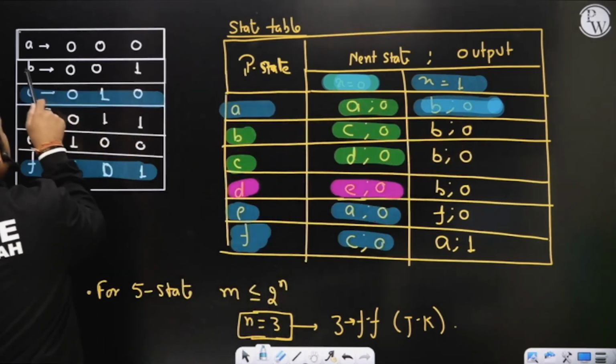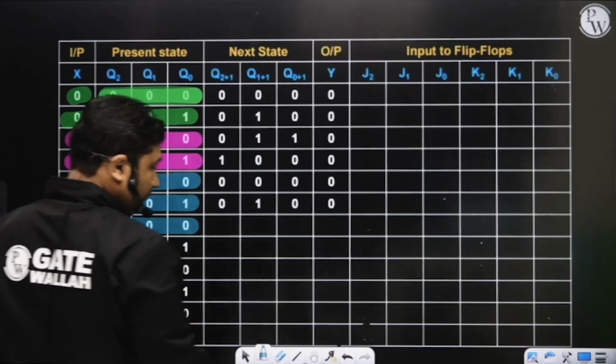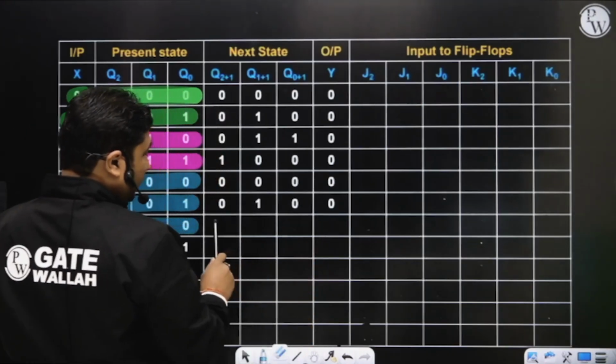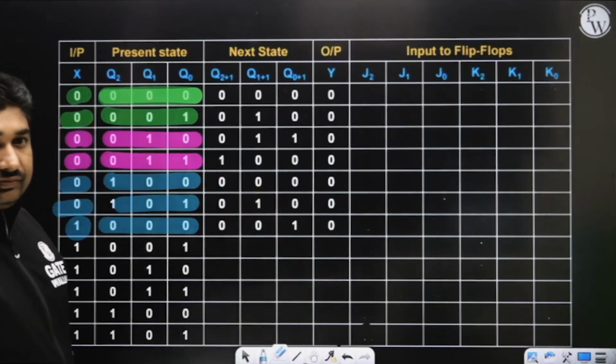What is B? 001, output 0. So we will get 001, output 0. Is it okay? Yes, sir.